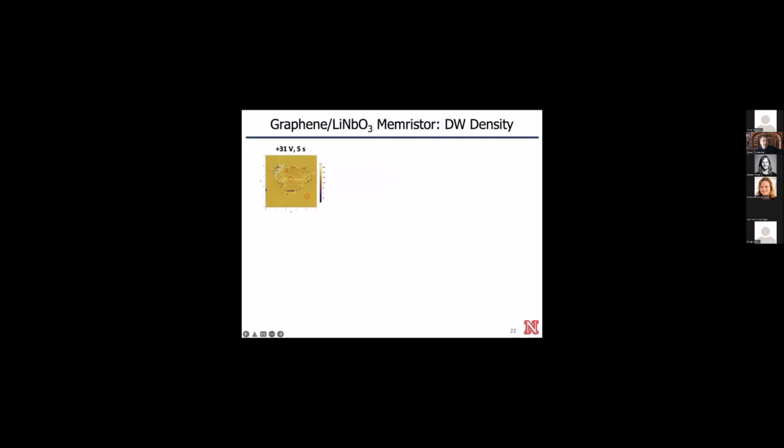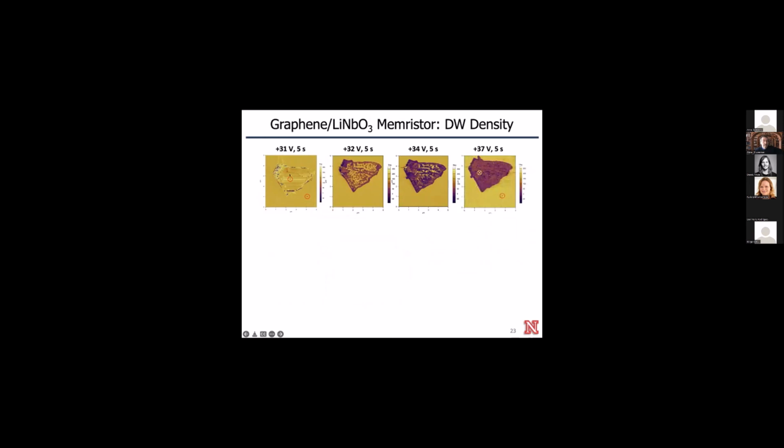So initially, when we put graphene on top of lithium niobate film, everything is in a single domain state, and then we applied a high voltage pulse, creating a polydomain structure. Then we can change the density of domain walls by applying a little bit stronger pulse. Then we can switch the whole volume underneath graphene into the opposite state.